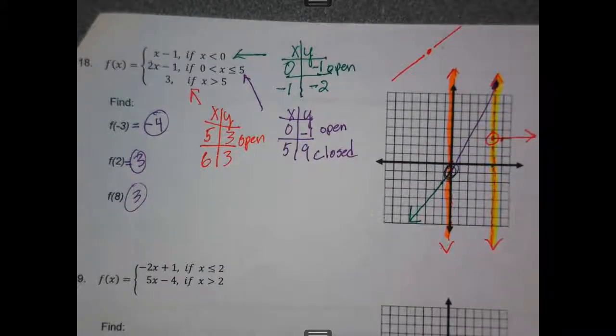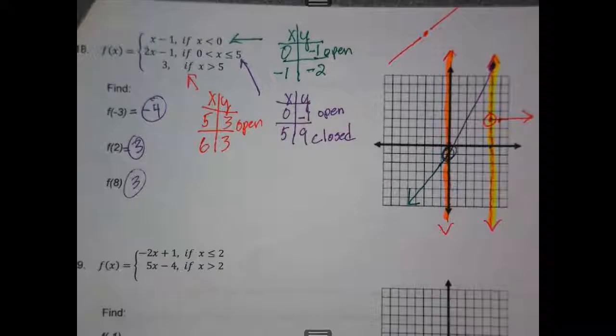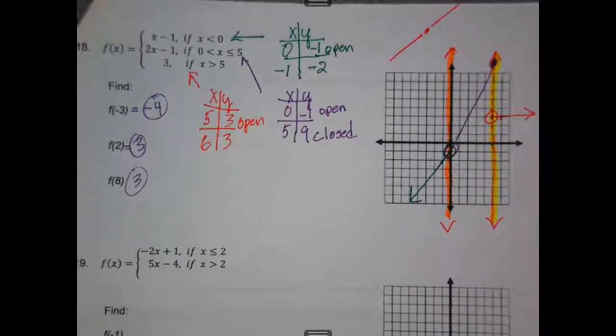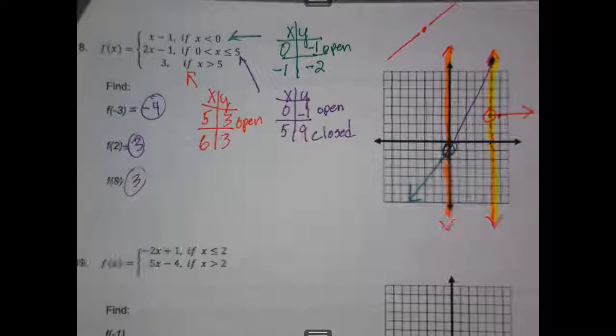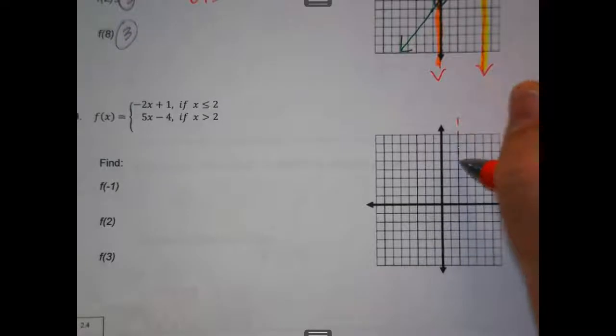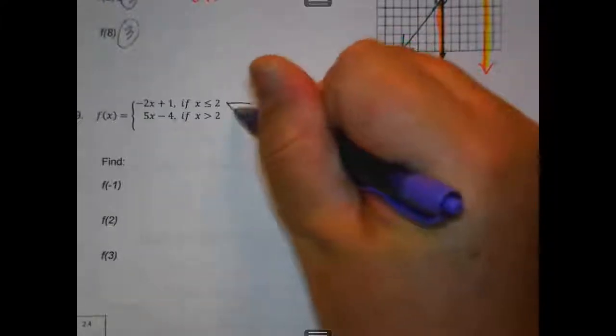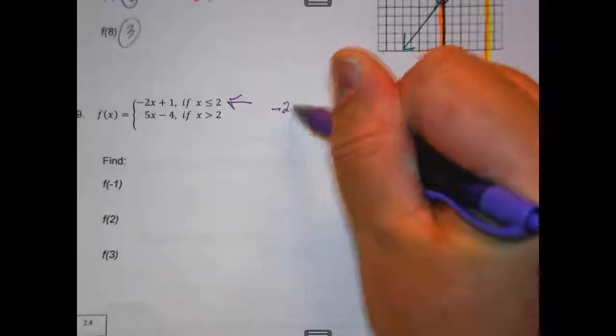We got time to do the next one. Yeah, but this one's easier, and you know how to do it now. What's my boundary line? What's my t-chart? Negative 2.